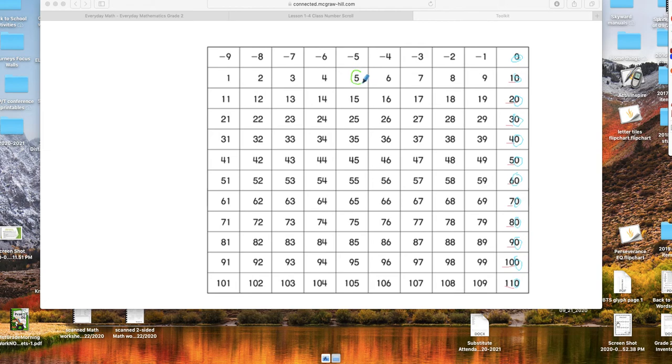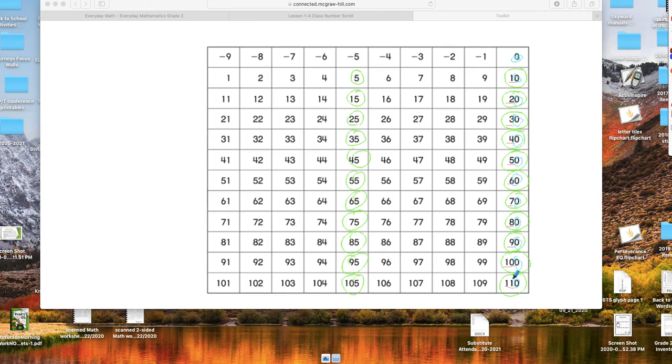We have 5, 10, 15, 20, 25, 30, 35, 40, 45, 50, 55, 60, 65, 70, 75, 80, 85, 90, 95, 100, 105, 110. We could keep going forever until we ran out of space, right?